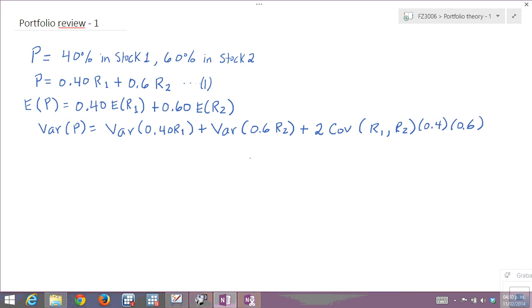Okay, this is just the application of simple probability theory. I explained this in more detail in my lecture notes.